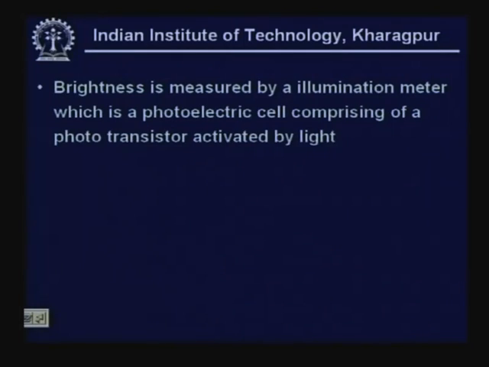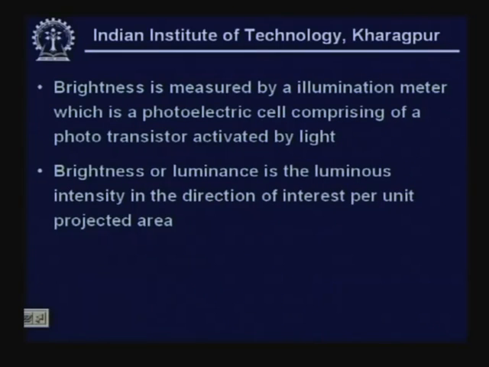Now, we already said brightness could be measured using an illumination meter, which is activated by a photoelectric cell, and we have seen how a photoelectric cell is nothing but a semiconducting layer and a conducting transparent layer which generates electric current upon exposure to light.